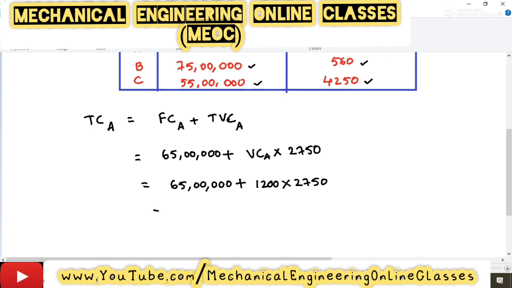So if I calculate, the total cost for site A will come out to be 98 lakhs.